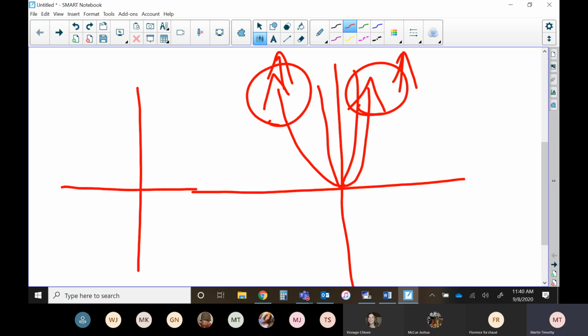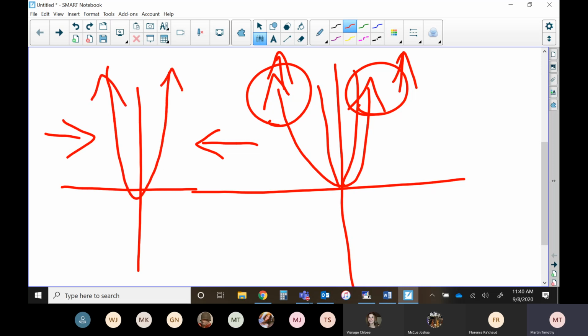But when I do a compression horizontally, I'm pushing it from the side. See, the other one was vertical, so I was pulling vertical. When I compress horizontally, I'm pushing it. What does a horizontal compression look like?